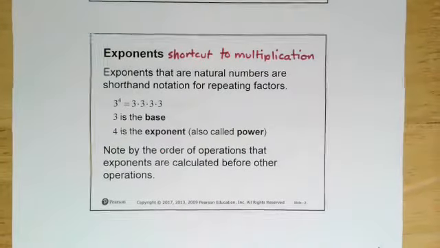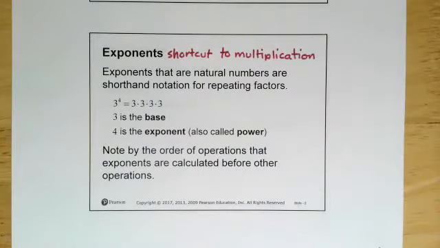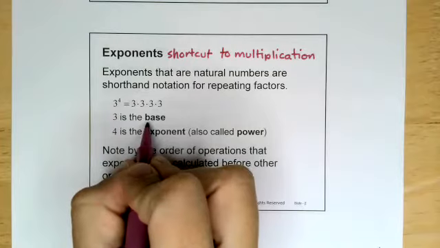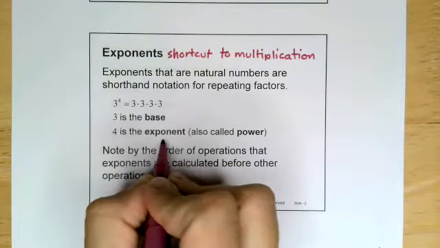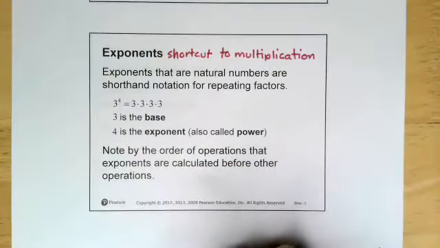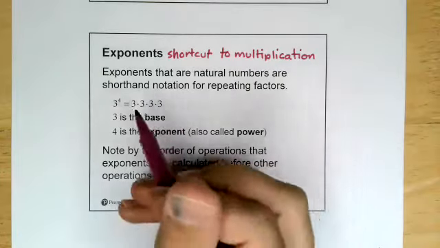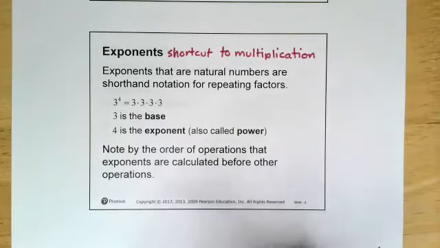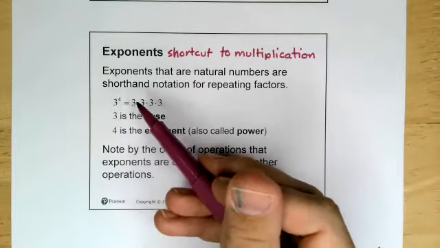An exponent tells us how many times to multiply. The bigger number is the base and the smaller number is called the exponent, or you could call it the power. So you could say 3 to the power of 4 or 3 exponent 4. The exponent tells us how many times to multiply the base by itself.